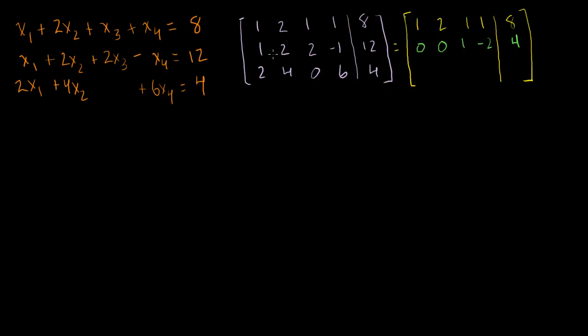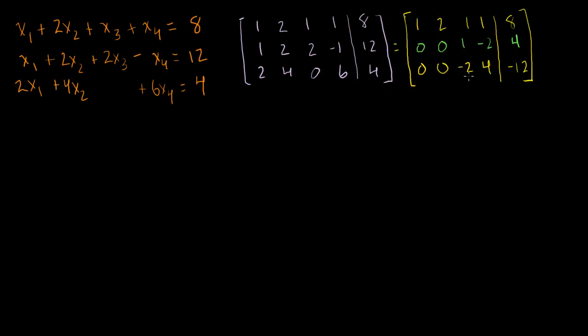So 2 minus 2 times 1 is 0. 4 minus 2 times 2 is 0. 0 minus 2 times 1 is minus 2. 6 minus 2 times 1 is 4. And then 4 minus 2 times 8, minus 2 times 8 is minus 16. 4 minus 16 is minus 12.